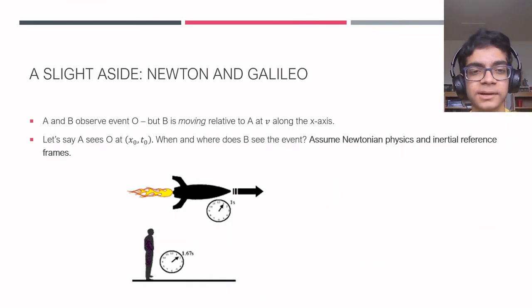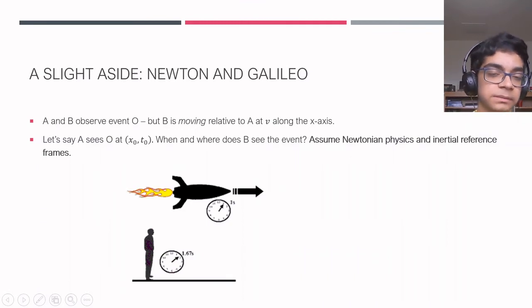Alright, so now that we've gotten a straightforward introduction to space-time diagrams, let's discuss something slightly different, going back to classical Newtonian and Galilean mechanics. So let's say that we have 2 observers. Let's say we have this guy right here standing on Earth, and then this other guy, let's say B, standing in the rocket ship.